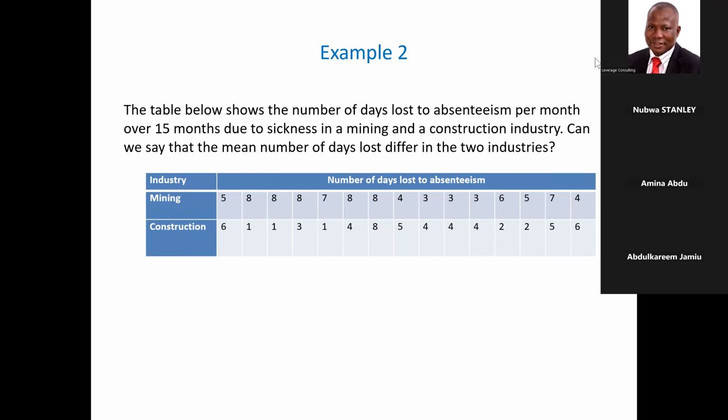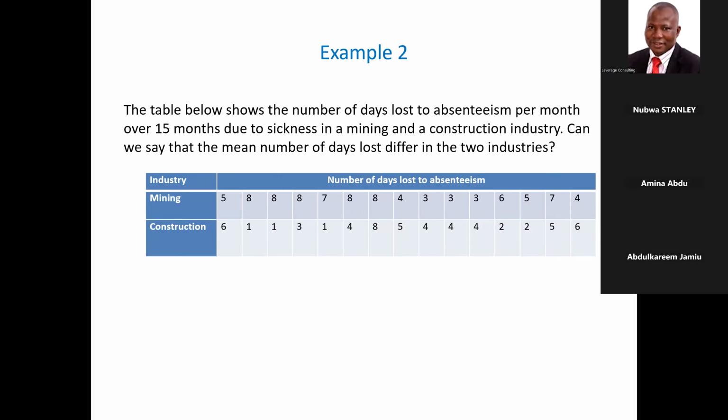So here, over a period of 15 months, you can see the sample size is logically 15. For each of mining and construction, we have the number of days lost to absenteeism by workers. Can we say that the number of days lost differs, or is it the same?